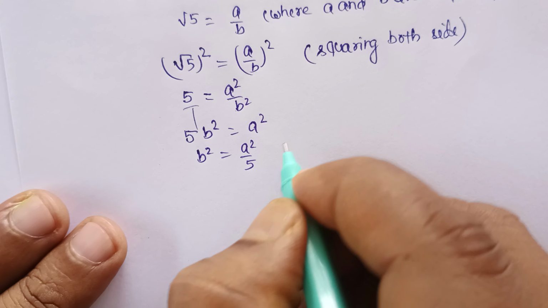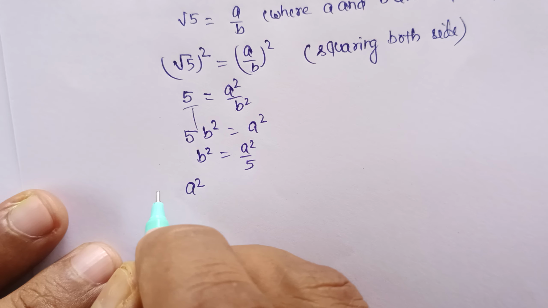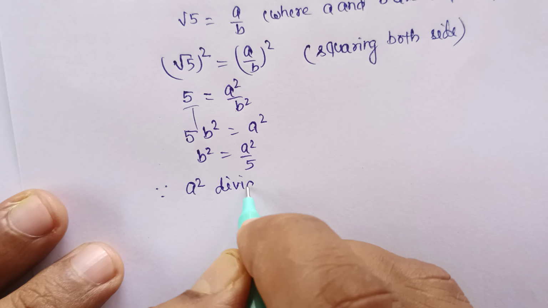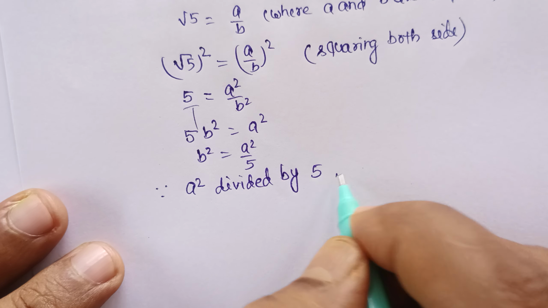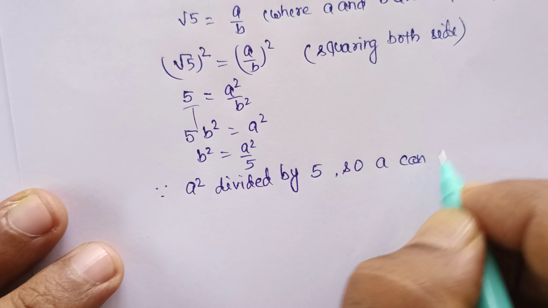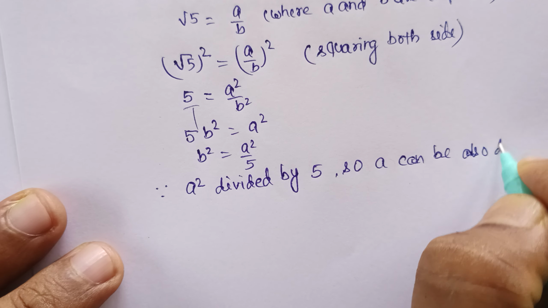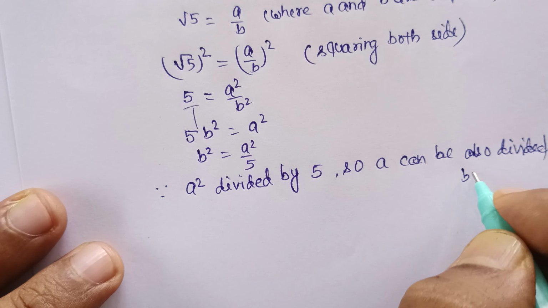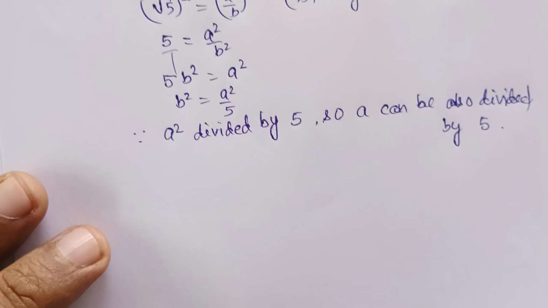So a square is divided by 5, so a can also be divided by 5, correct? Okay, you understand that.